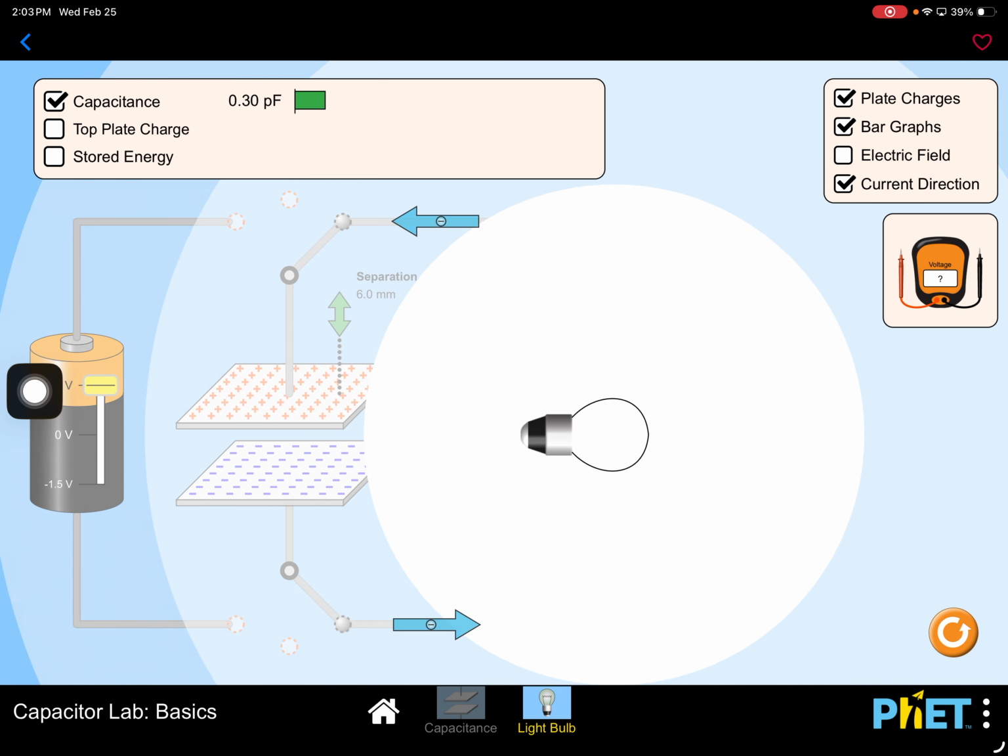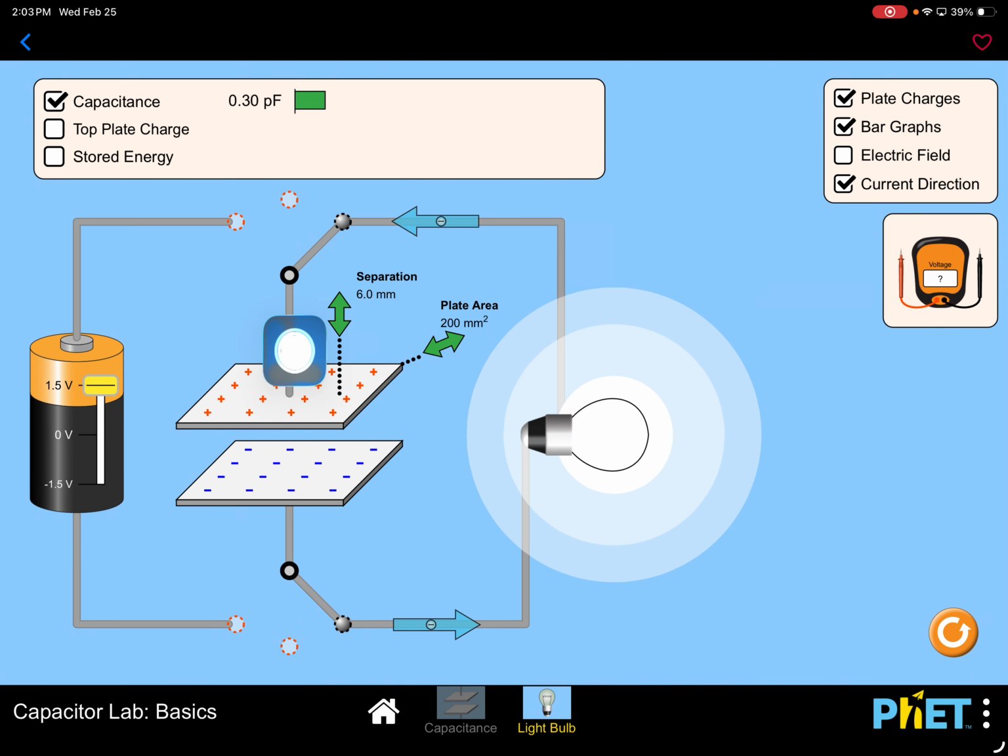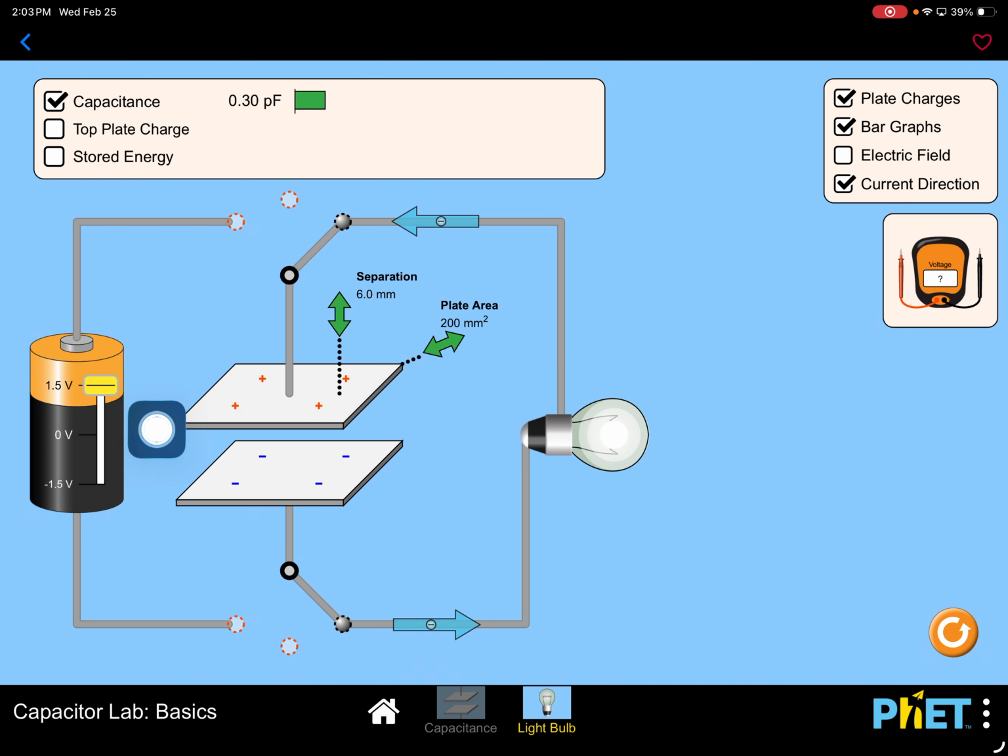If you calculate the flux through this surface, there's a positive charge inside, so the value of this surface integral will be positive. And you see there are lines coming out. If you calculate it around this guy, the charge inside is negative, and you see all the lines are going in, so the flux will come out negative.